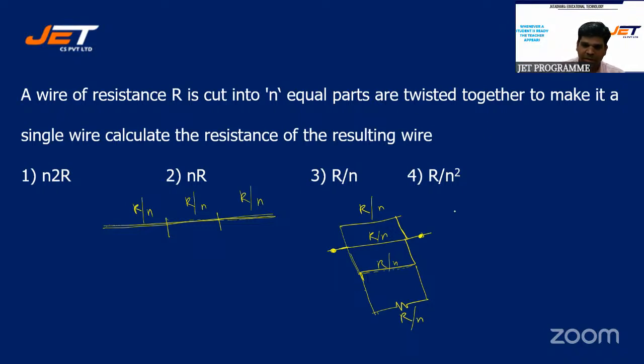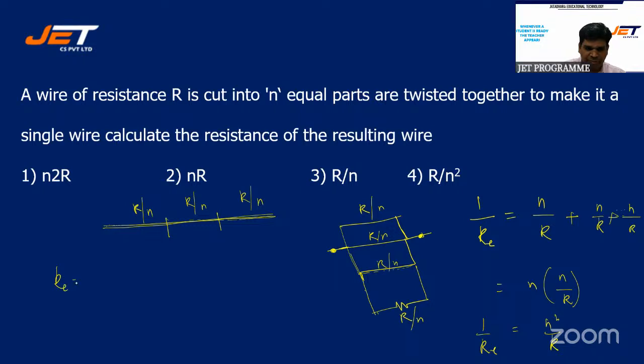Now let's see. 1 by R effective is equal to N by R plus N by R plus and so on, n times, which is nothing but N into N by R, which is N square by R. So R effective is nothing but R by N square.